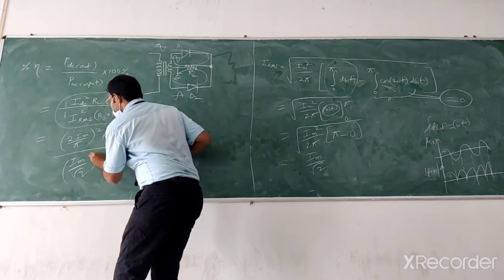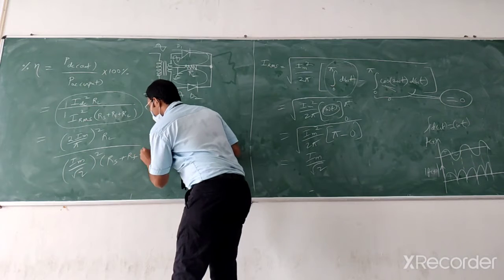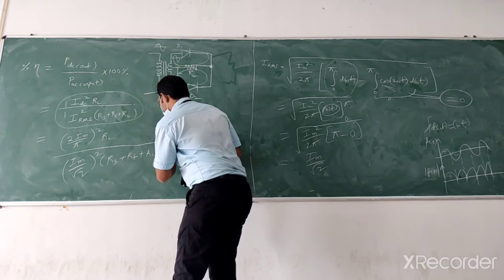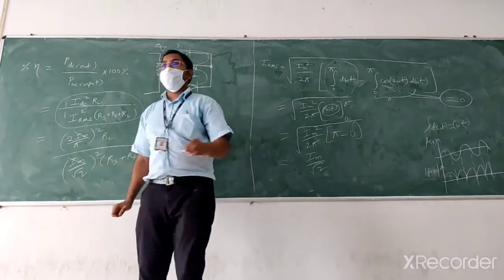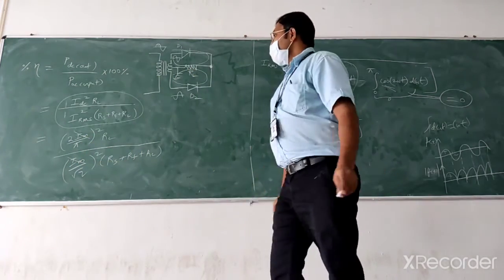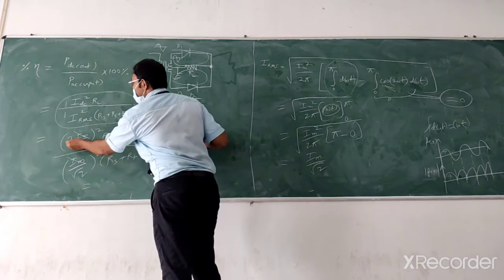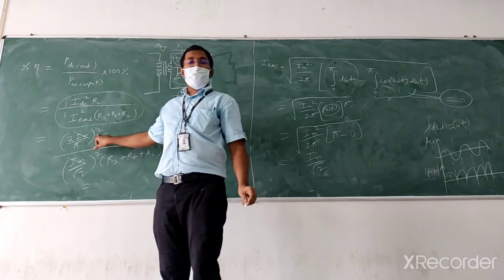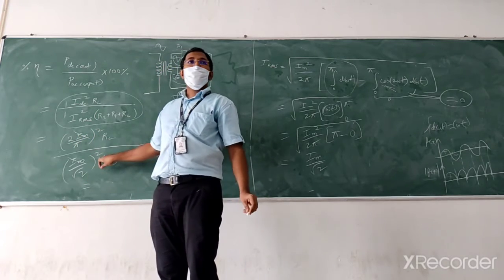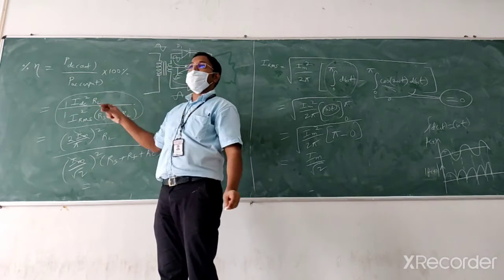Then RS plus RF plus R. Right? So what will cancel? Im square will cancel. And then what will remain? This will be 2 square, 4. Root 2 square, 2. This root 2 will come to the top.